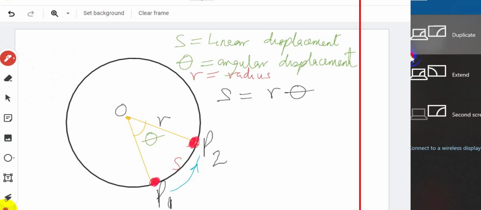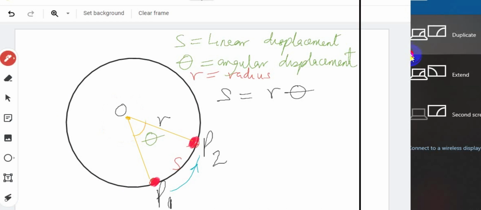In other words, whenever an object moves in a circular path, moving from P1 to P2, it covers a linear displacement S as well as an angular displacement theta. So if it moves a complete cycle, of course, it covers a whole circumference for linear displacement and an angle equal to 360 degrees for angular displacement.